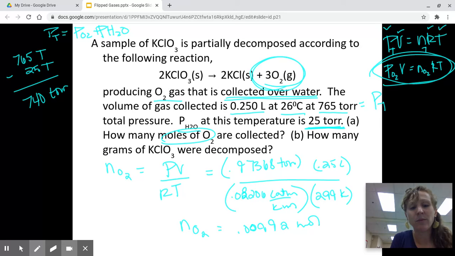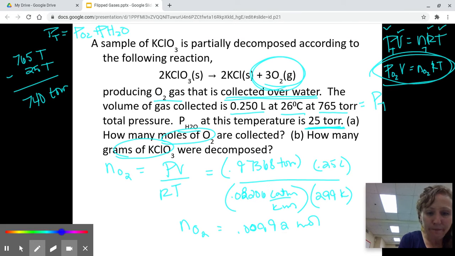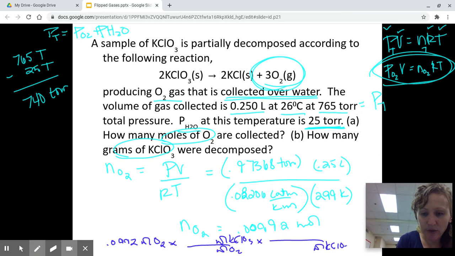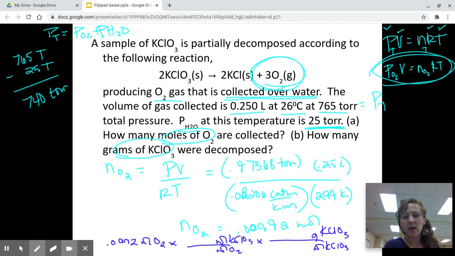All right, how many grams of KClO3 were decomposed? So 0.00992 moles of oxygen. We want to go moles of O2 to moles KClO3, moles of KClO3 to grams of KClO3, because that's what they're asking us for. KClO3 to oxygen is a 2 to 3. And now we need to figure out the molar mass of KClO3. Give me a second to do that.